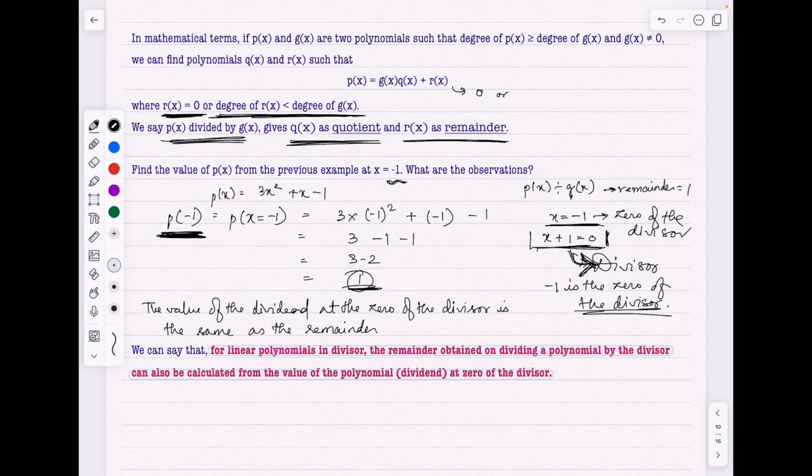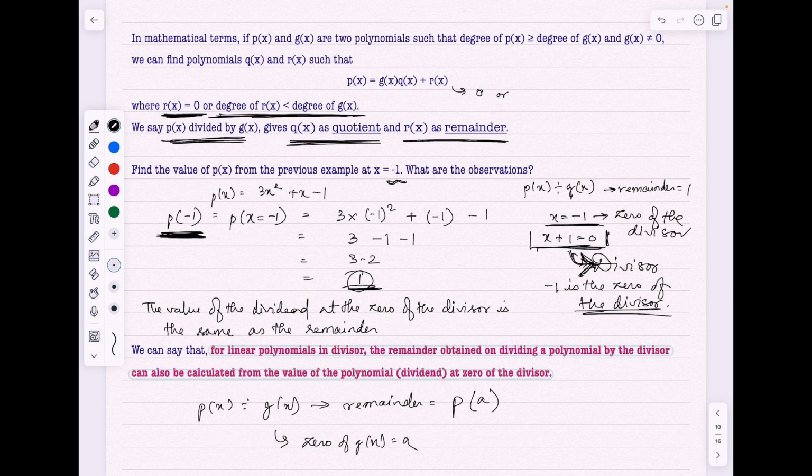So for linear polynomials in the divisor, the remainder obtained on dividing a polynomial by the divisor, p(x) by g(x), the remainder that you got is equal to, suppose the zero of g(x) is a, p(a).